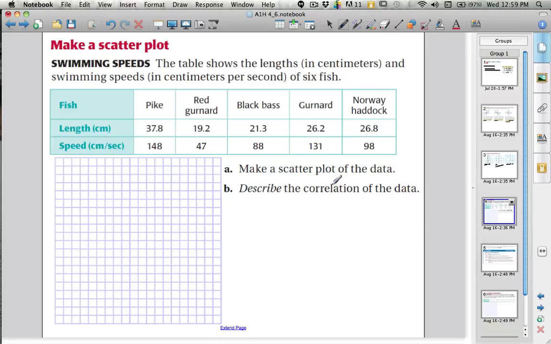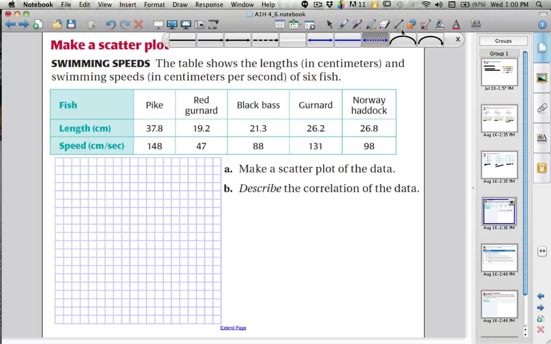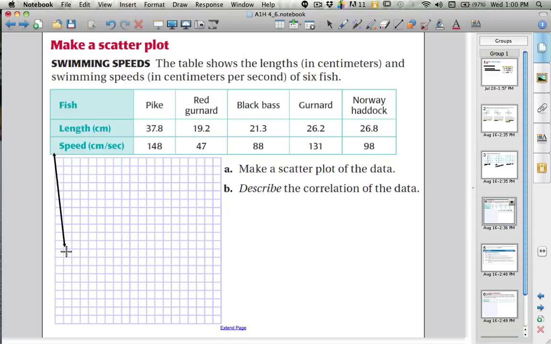Okay, so let's take a look at making a scatter plot, and this is basically just me working with my data. When you start making a scatter plot, you want to look at your data. You want to put together the best grid you can. I notice that all of my values are positive, so I'm working just in the first quadrant to make life easy.